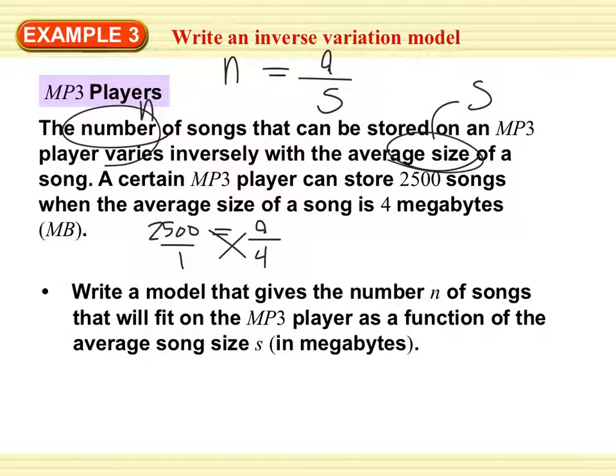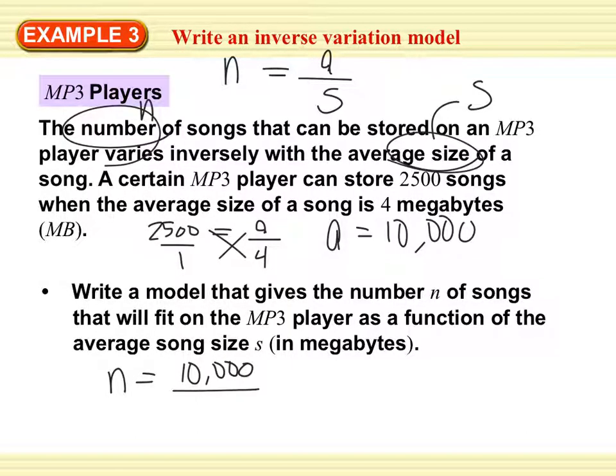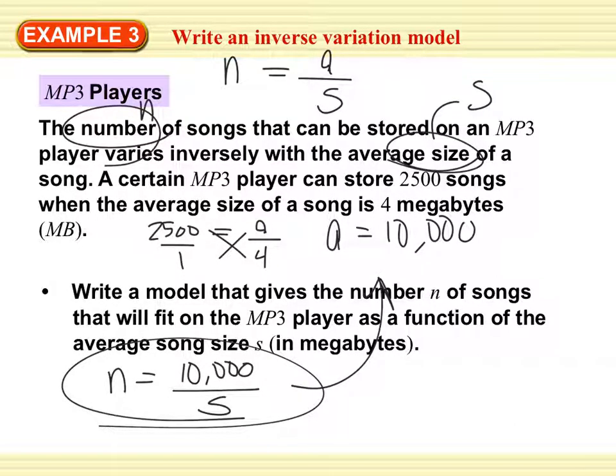Multiply. I have a equals 10,000. Okay, write a model that gives the number N of songs that will fit on an MP3 player as a function of the average song size. So we have N equals 10,000 over S, because we just solved it up there, right?